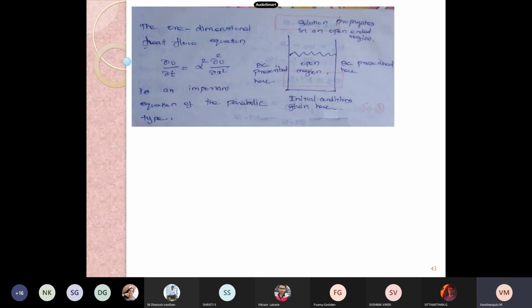Tell me what is conduction, what is convection? Conduction is heat transfer by collision of atoms, sir. Collision of atoms. Okay. Any other different views? Collision of atoms, that is the appropriate vocabulary for conduction.